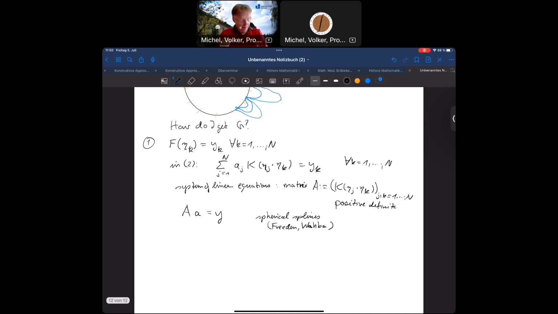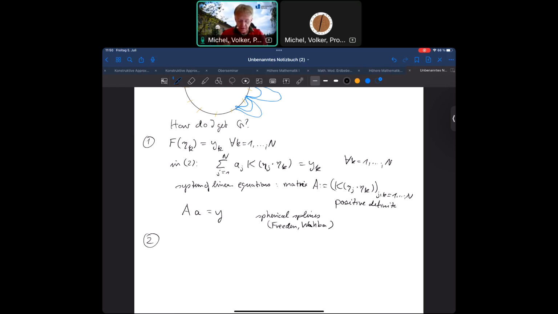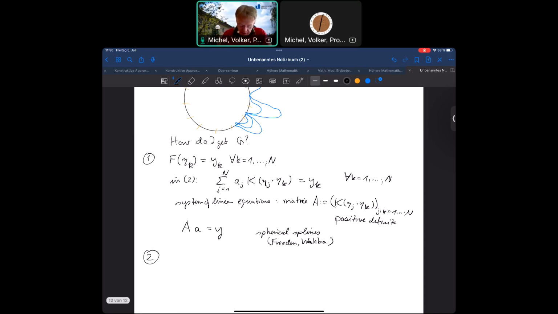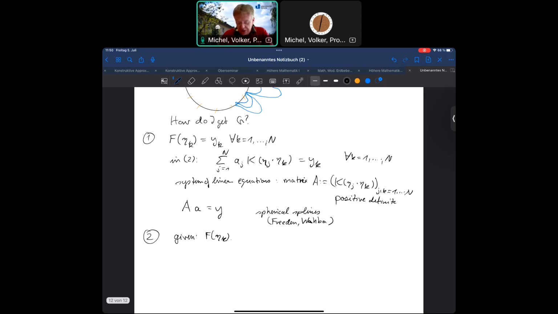Okay, there is another way. For example, you still have information, you still know the f of eta k, but you have a particular constellation of eta k, namely the eta k are a quadrature grid.